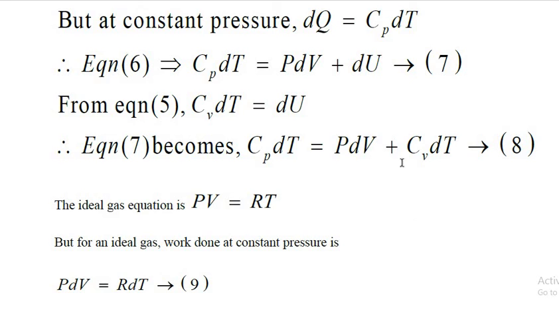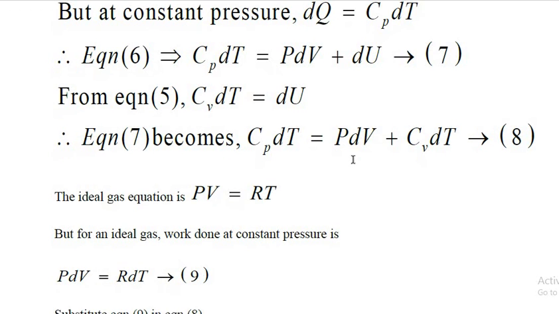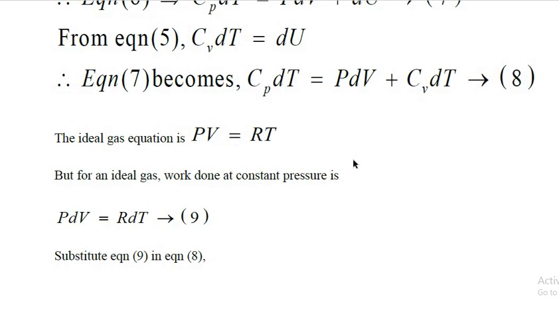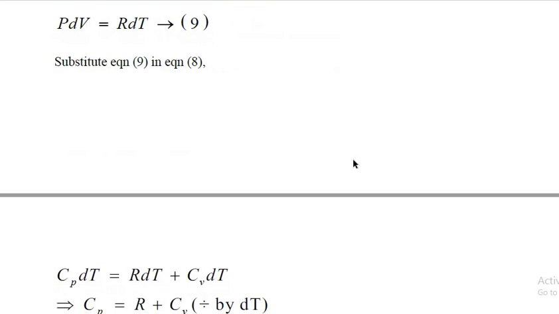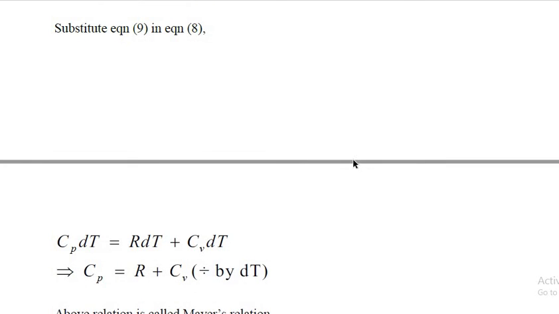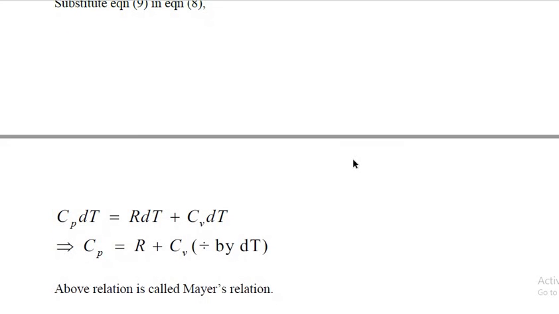So in equation 8, instead of P into dV, substitute R into dt. You will get Cp dt is equal to R dt plus Cv dt. Now dt is common on both sides, so you can divide by dt throughout. You will get Cp is equal to R plus Cv. This relation is called Mayer's relation, that is Cp is equal to R plus Cv.